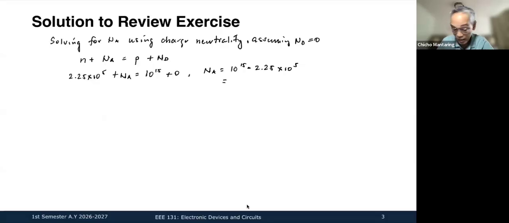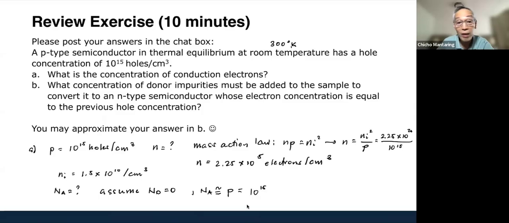Ang sabi ng calculator ko, 9.999999998 times 10 to the 14. So for all intents and purposes, this is approximately equal to 10 to the 15. No? Okay, which intuitively makes sense, no? Because each of these acceptor impurities will contribute a hole.